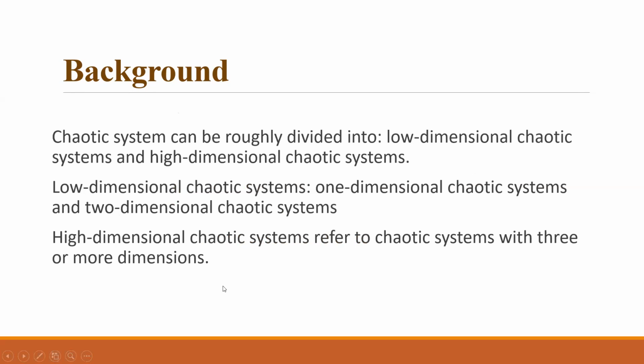Among them, the low-dimensional chaotic systems include one-dimensional chaotic systems like logistic mapping and sine mapping. Two-dimensional chaotic systems have Henon mapping. High-dimensional chaotic systems refer to chaotic systems with three or more dimensions, such as the Lorenz equation.